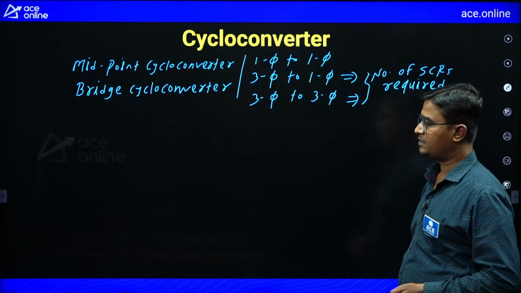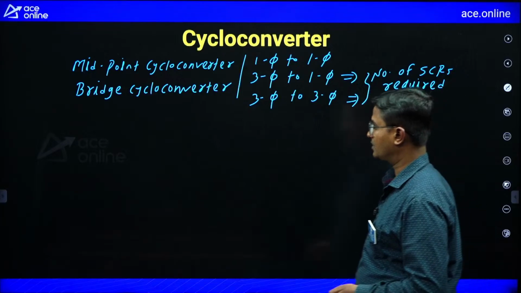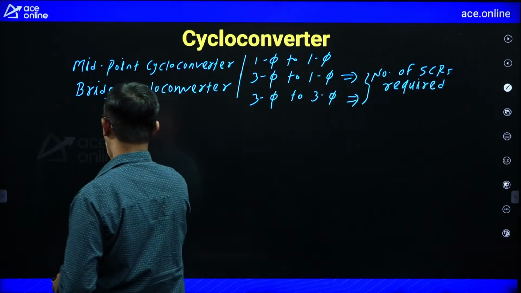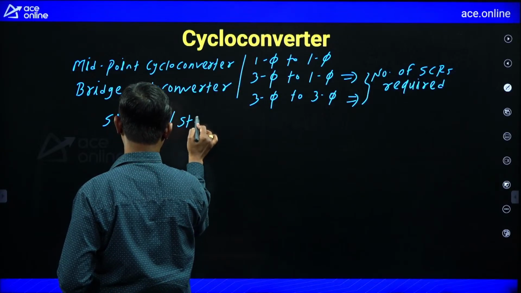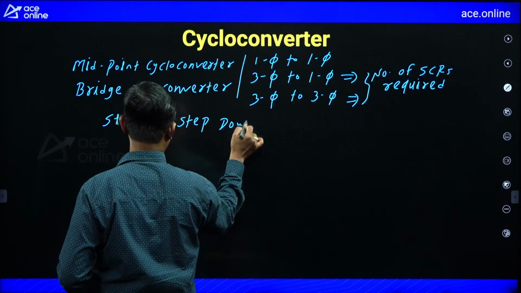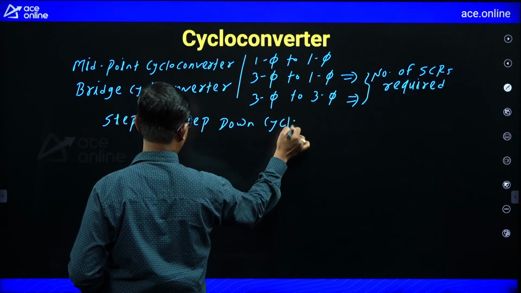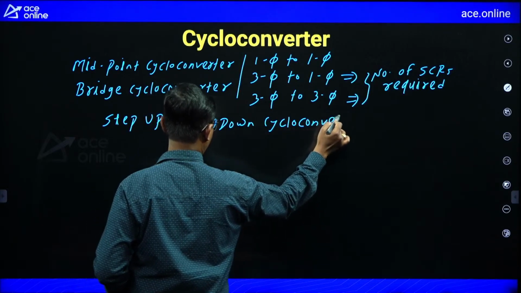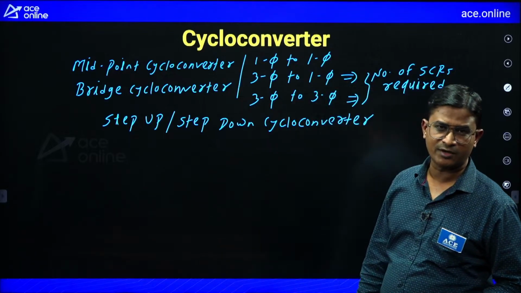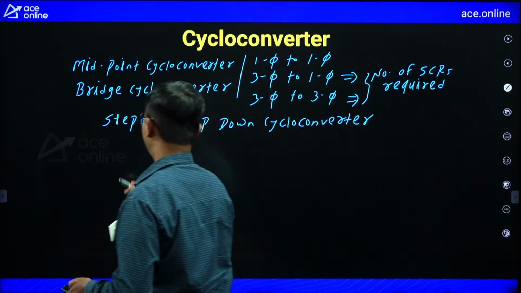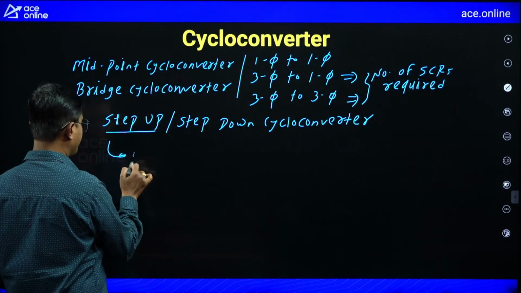Next is the step up cycloconverter and step down cycloconverter. In the step up cycloconverter, which commutation is used? Force commutation. Here it is force commutation.